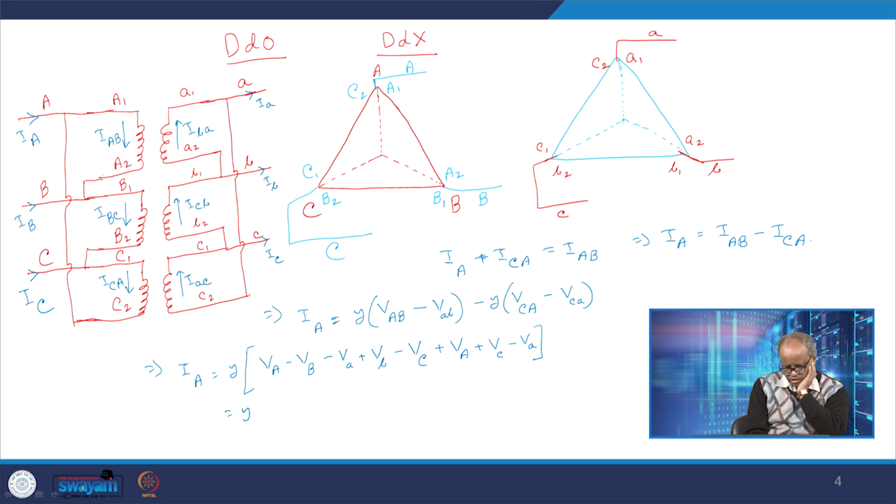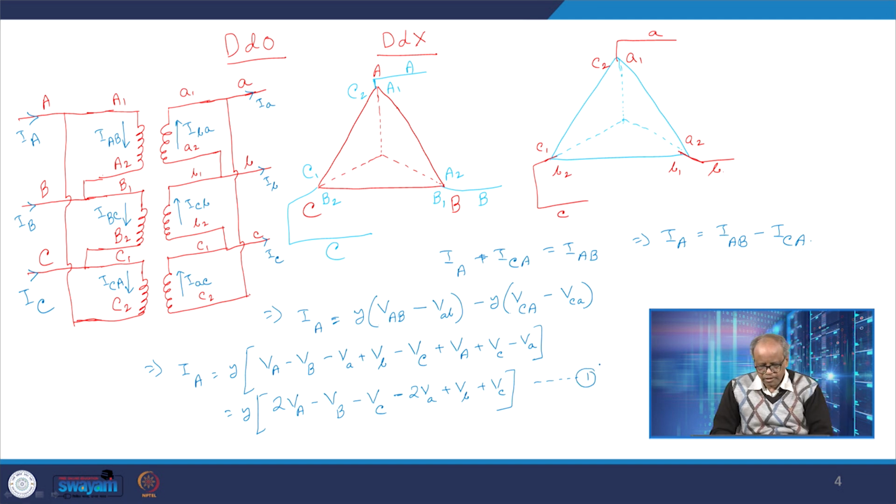So Y is equal to 2Va minus Vb minus Vc minus 2Va plus Vb plus Vc. So this is Ia, right?